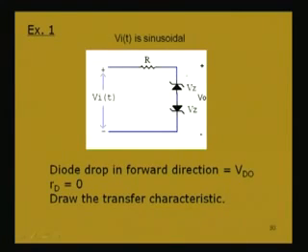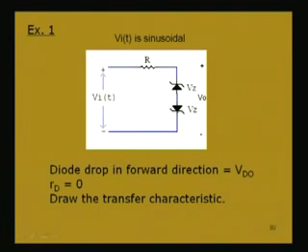If plus is here, the Zener will be breaking down when it is greater than Vz plus Vd naught, and the voltage across these 2 points will then be Vz plus Vd naught.